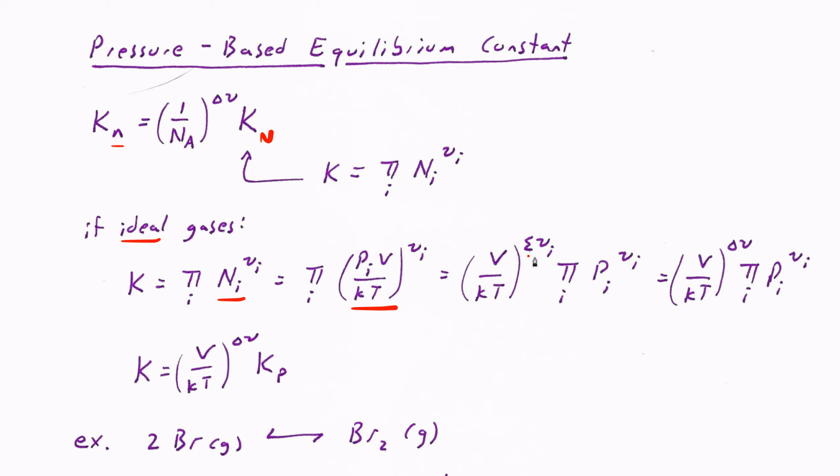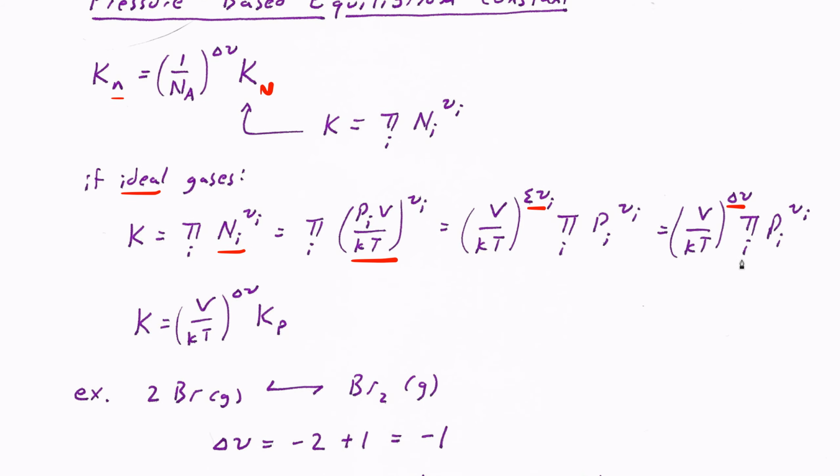Again, the sum of the stoichiometric coefficients is this thing we're calling delta nu, the change in total moles of species during the reaction. And what I have left at the end here is not a product of molecules raised to stoichiometric coefficients, but a product of pressures raised to stoichiometric coefficients.